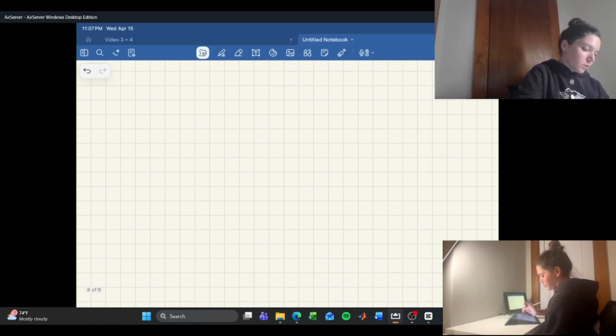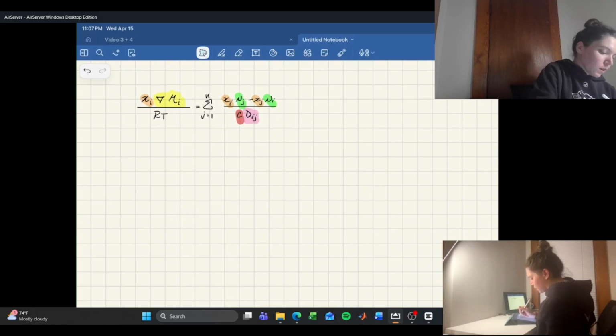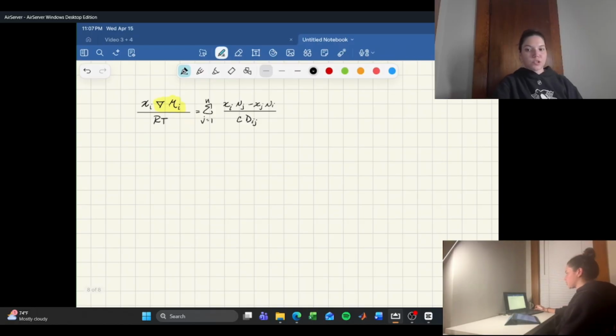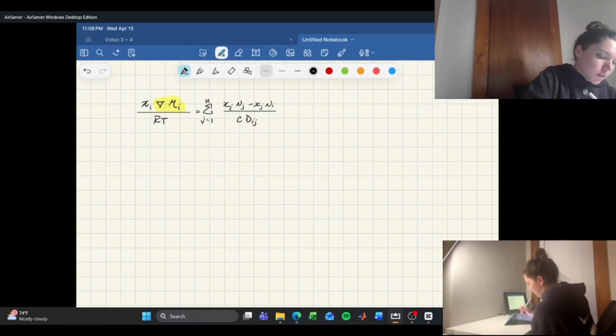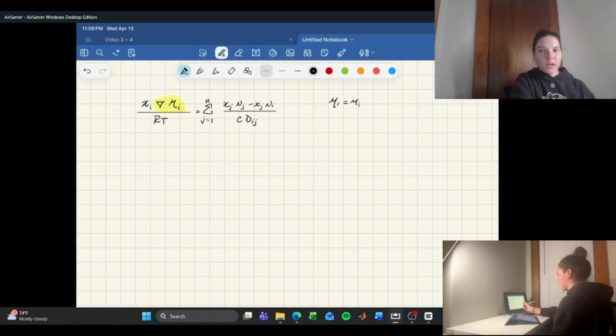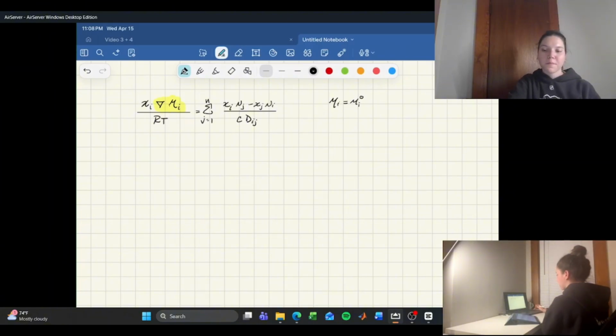Here's the equation, and again, we're talking about the chemical potential at a pure state, and this is in an ideal mixture. That means that the chemical potential of component i is going to be equal to the chemical potential of component i at the reference state or at standard state. That's going to be a circle up there.